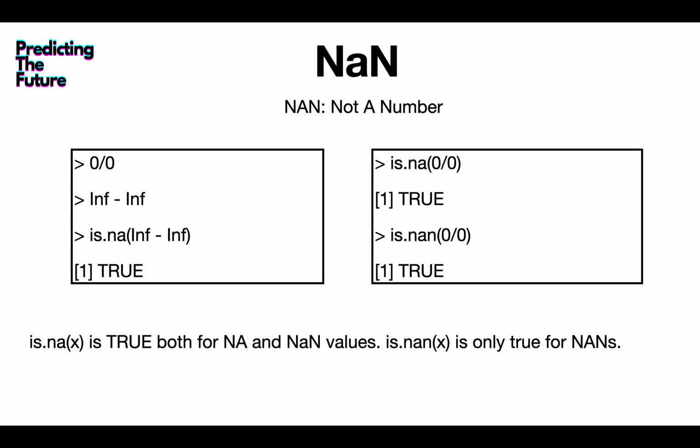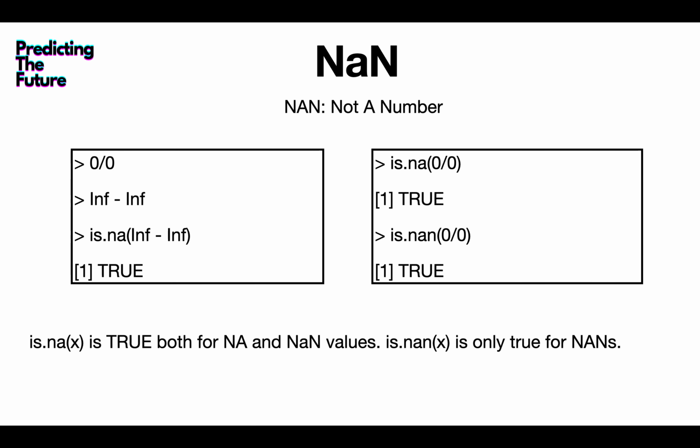So next is not a number. Not a number is different from not available. Not a number is, for example, when you're trying to divide by 0, or trying to do infinity minus infinity. The result of those is not a number.